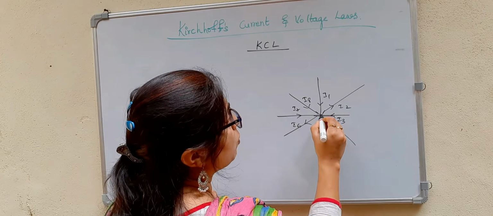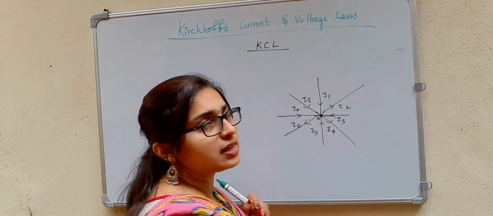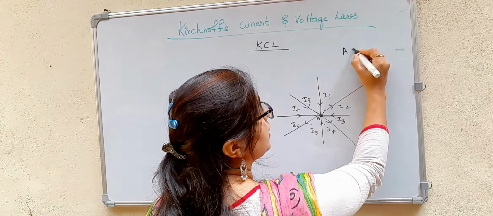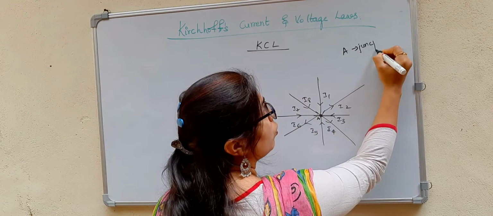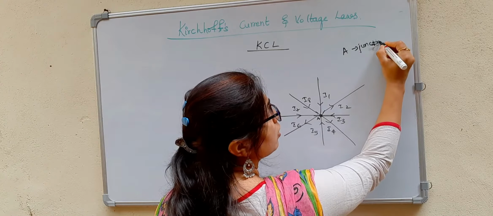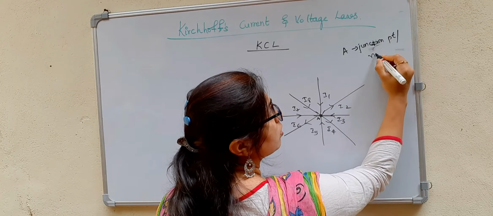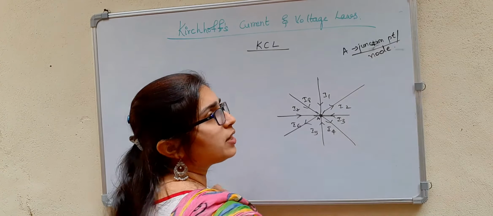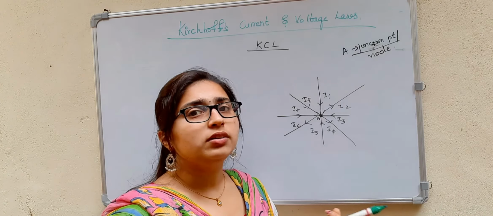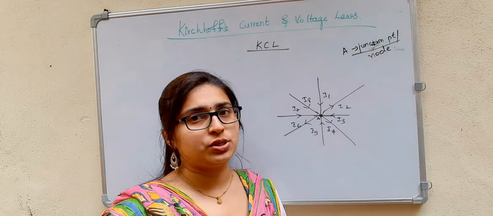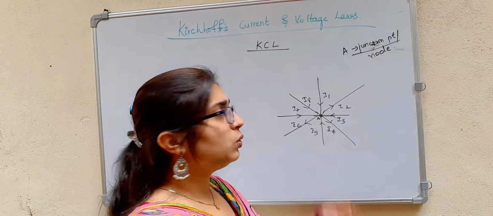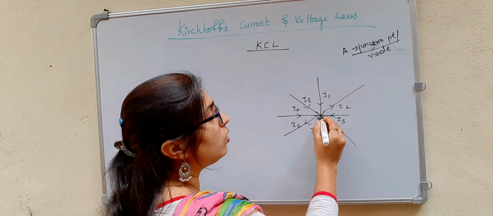This is a junction point, right? This I will consider as A. A is nothing but a junction point or node. You know, a junction point is that node where three branches or more than three branches meet. So let us consider a node here.